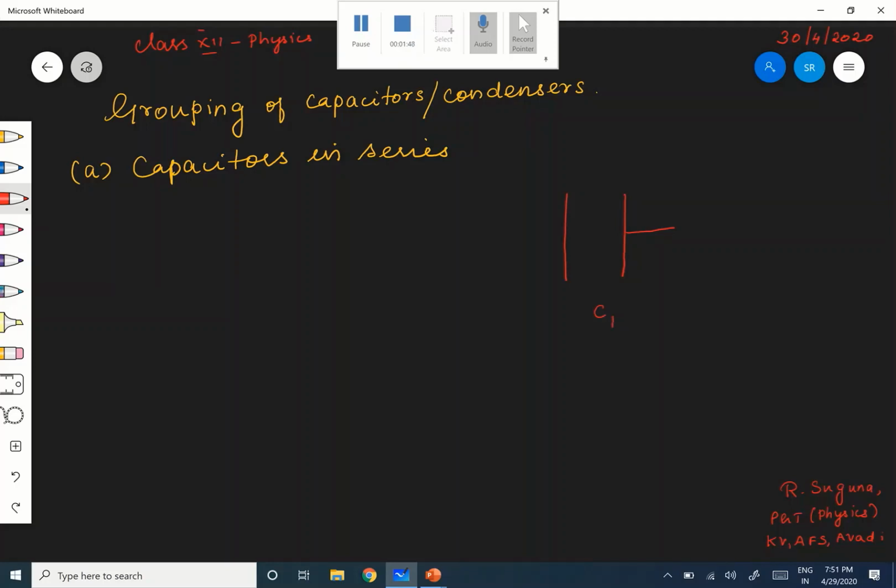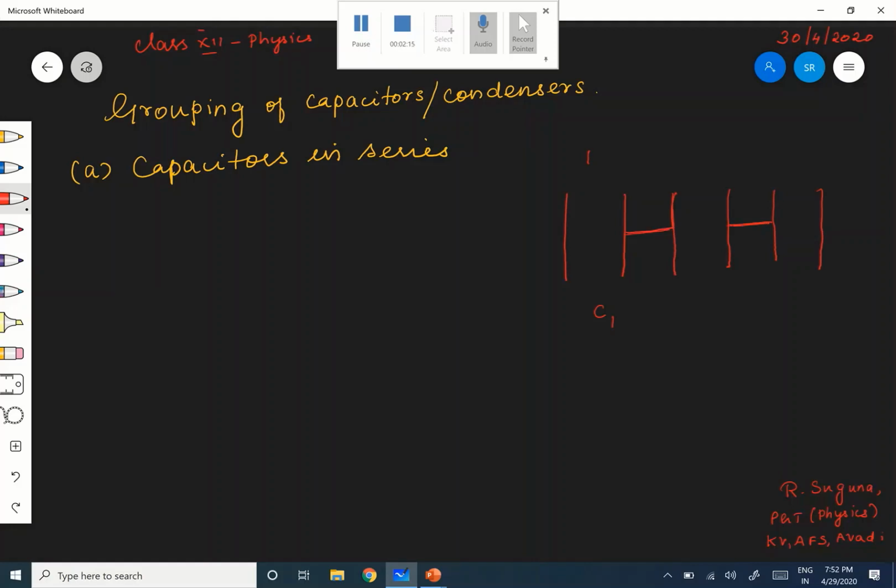Series means what? The right plate of one capacitor is connected to the left plate of the next. This is your first capacitor, this is the second capacitor and this is the third capacitor, all connected by means of a conducting wire.